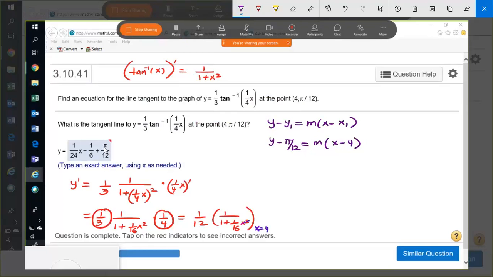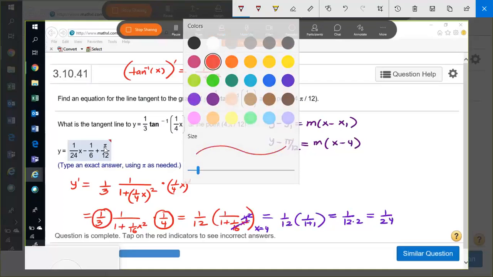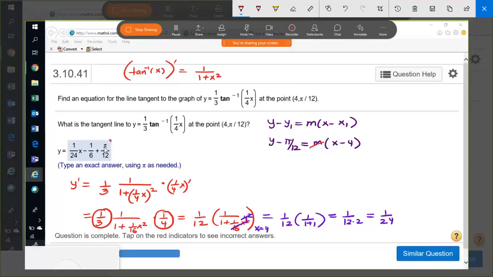If I plug in 4 here, 4 squared is 16, so this cancels, right? So I'm left with 1 over 12 and 1 over 1 plus 1, which is 1/2. So 1 over 12 times 1/2 is 1 over 24. So the slope in the equation of the tangent is 1 over 24, right?